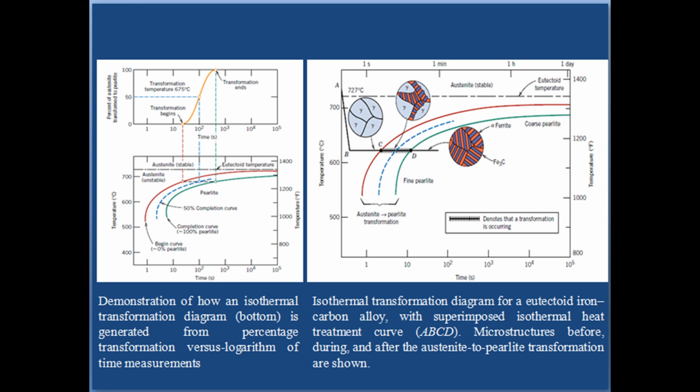Time increases from left to right along this line. The transformation of austenite to pearlite begins at the intersection point C and has reached completion by about 15 seconds, corresponding to point D. The figure also shows schematic microstructures at various times during the progression of the reaction.